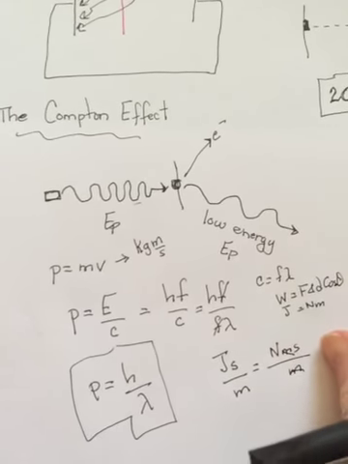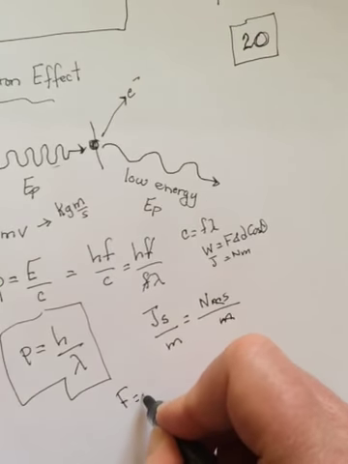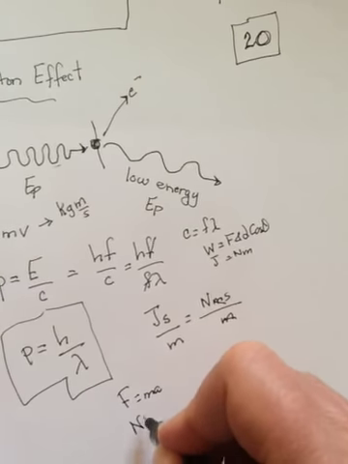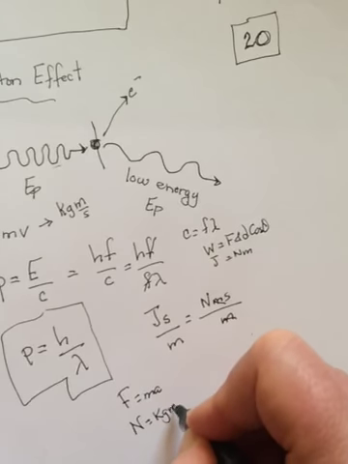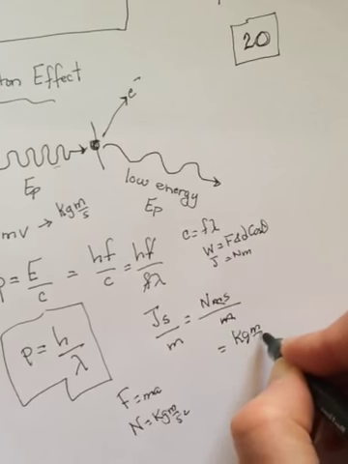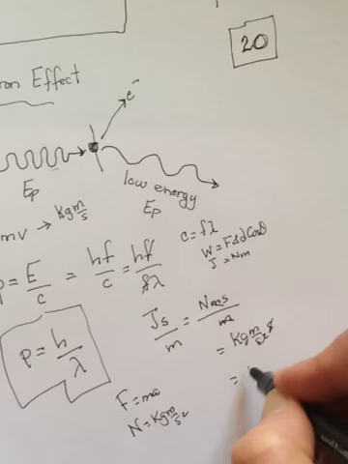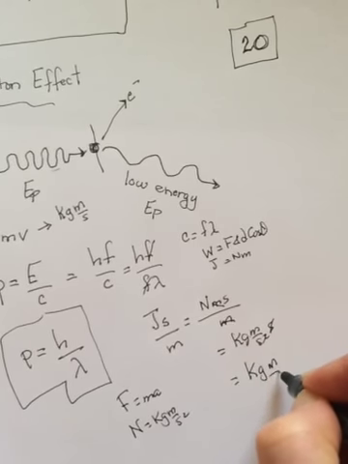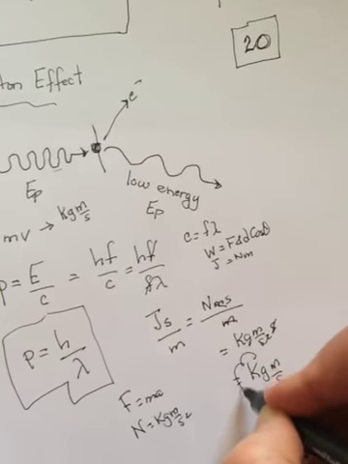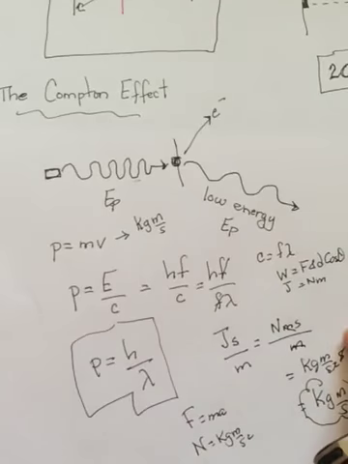The meters cancel. So we have a Newton second. And remember from F equals ma that a Newton is a kilogram meter per second squared. So we have a kilogram meter per second squared times a second. The seconds cancel. We get kilogram meters per second, which is the unit for momentum. So it does work. So this is the equation to find the momentum of a photon, not dependent on mass.